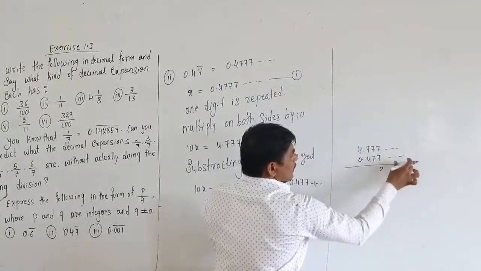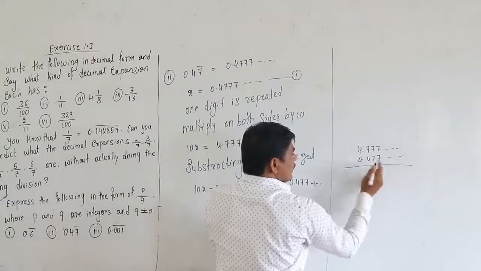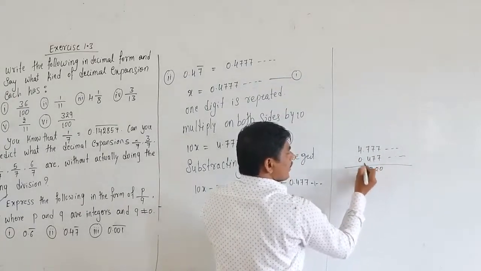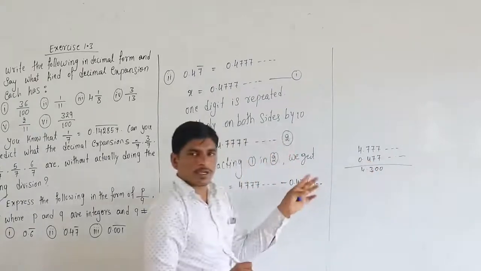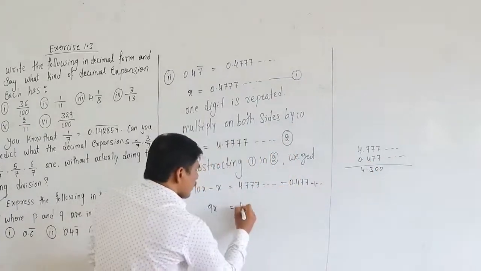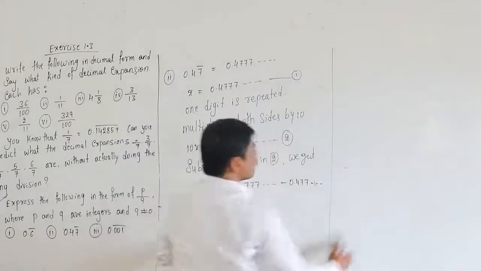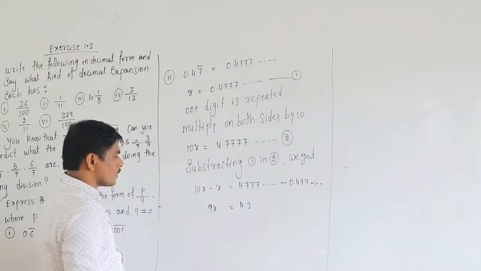All the decimal expansions are 0, but 7 minus 4 is equal to 3 and take a point, 4 is as it is. It means 4.3 is the subtraction value.